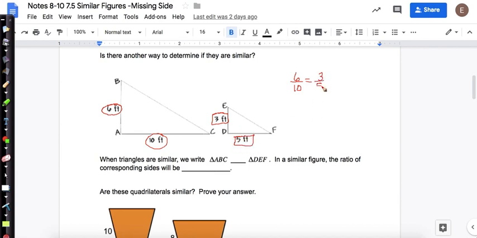So what I'm doing here is first side over first bottom, second side over second bottom. And watch what happens. 6 times 5 is 30, and 3 times 10 is 30.